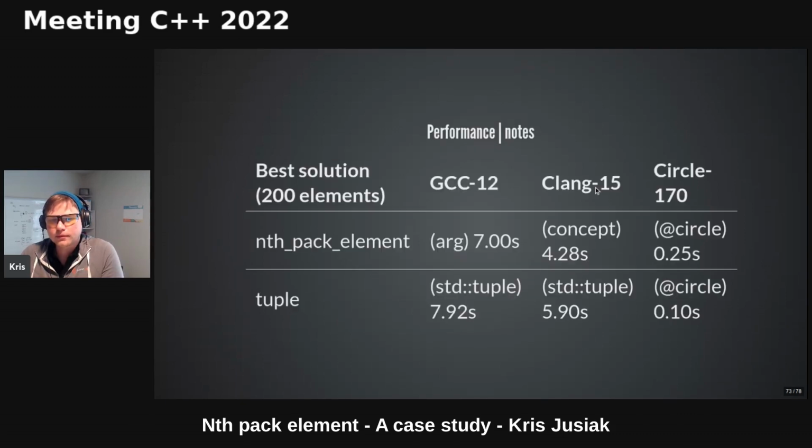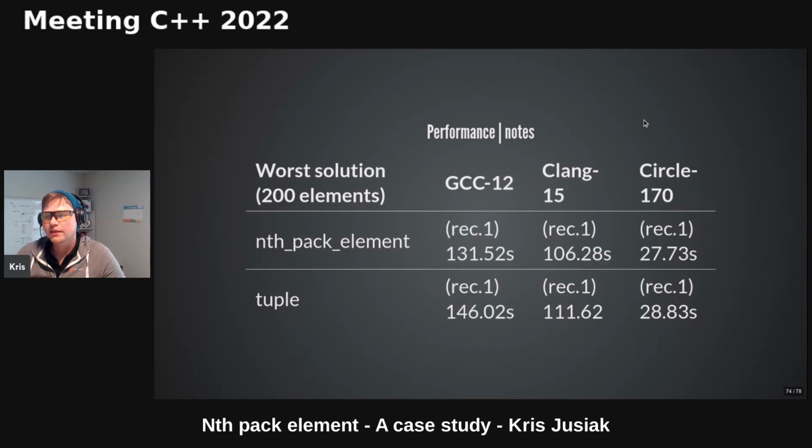What is also important, which I wanted to hint lastly here, is the fact that there's something wrong with our compilers, because GCC and Clang are much slower than Circle. If you compare it to the best solution and the worst solution in a second, notice here GCC is slower than Clang, but they don't compare even to Circle, and the same for the tuple, and that's for the best solution, which was Circle in that case.